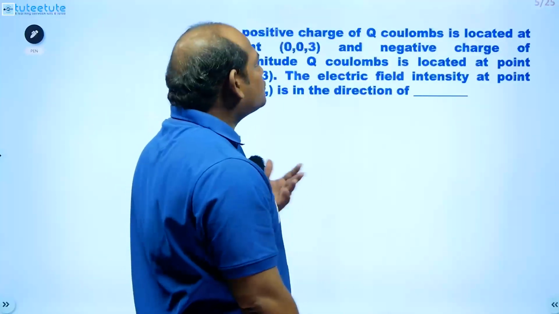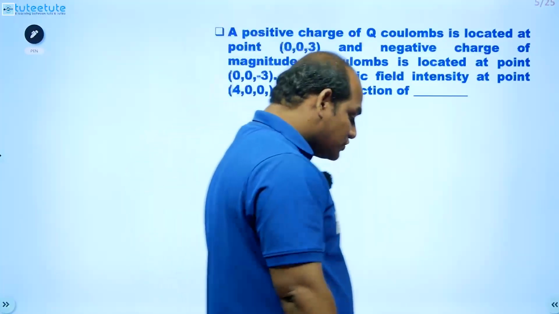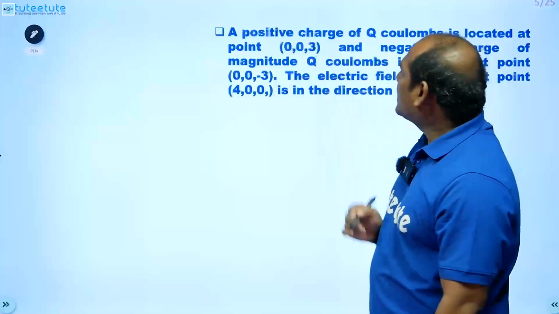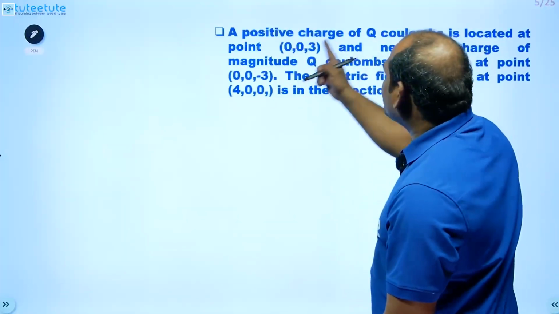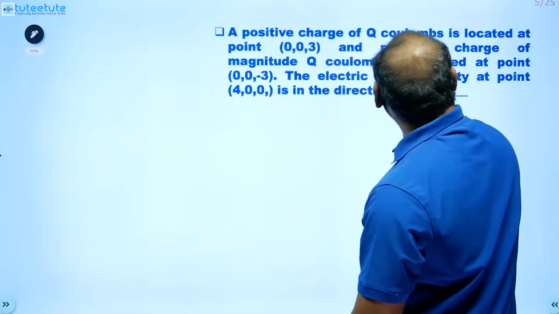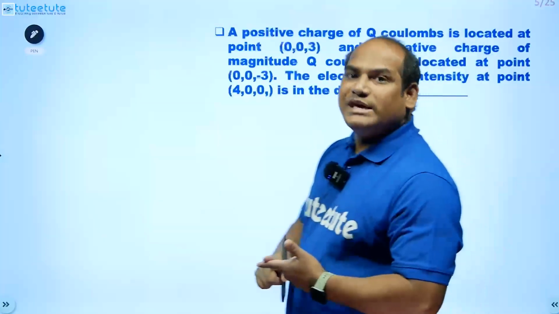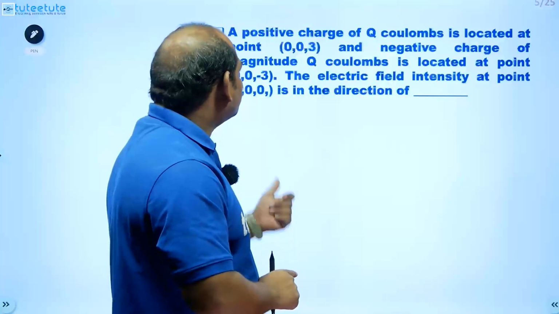Next question. A positive charge of Q coulombs is located at point 0, 0, 3. That means it is available on the positive z-axis. And a negative charge of magnitude Q coulombs is located at point 0, 0, minus 3. You see, plus Q is at 0, 0, plus 3, and minus Q is at 0, 0, minus 3.